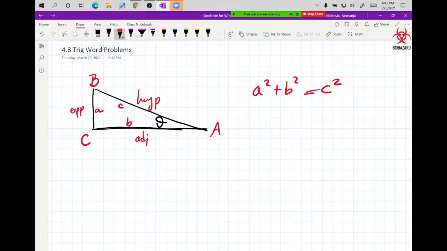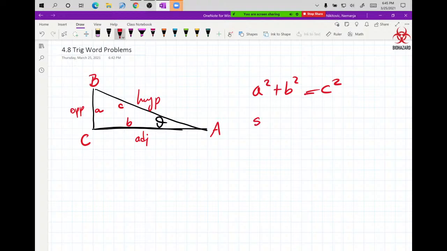But you also have six trigonometric functions that you can write for this triangle, which connect lengths of sides with the angle.